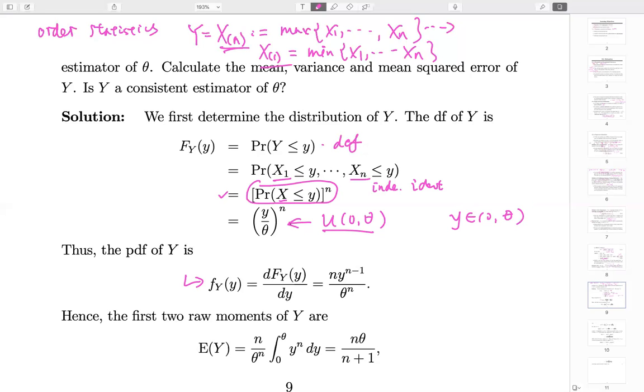In order to calculate mean and variance, obviously, you can just apply their definitions, right? By the way, this is actually a beta distribution. So this is a special beta distribution. It's a scaled beta because usually a standard beta is between 0 and 1. For instance, let me give you this definition.